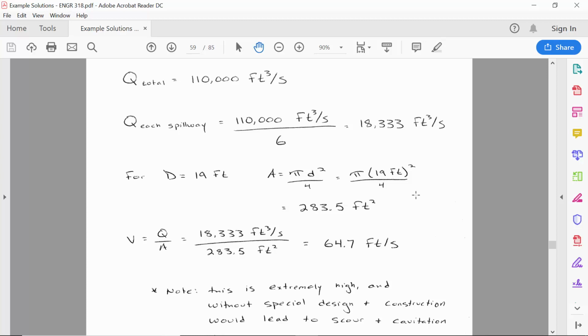It's moving. It's not stationary, because this isn't a stationary reservoir. It's the Missouri River. It's moving slow relative to 64.7 feet per second. So we had some pressure at 1, and now the pressure at 2 is going to be quite a lot lower because of Bernoulli's equation.